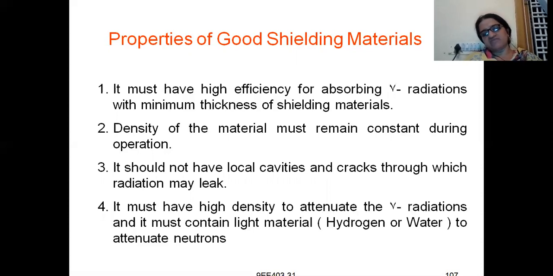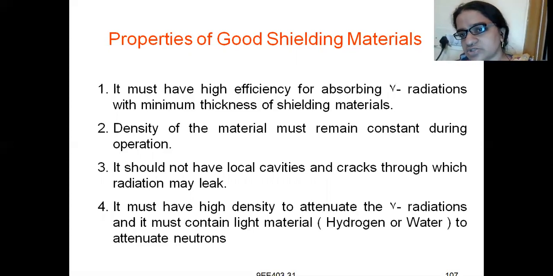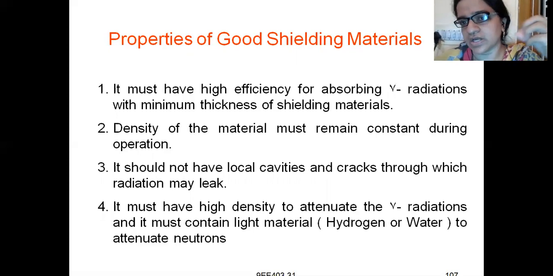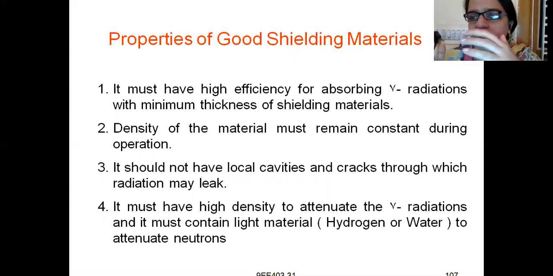Next, it must have high density to attenuate the gamma radiations, and it must contain light material, hydrogen and water, to attenuate neutrons. Why should the density be high? It should be able to cut down the gamma radiations. Suppose these radiations are coming and touching the shield.